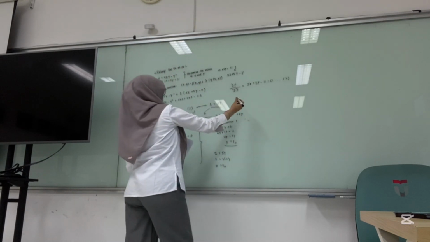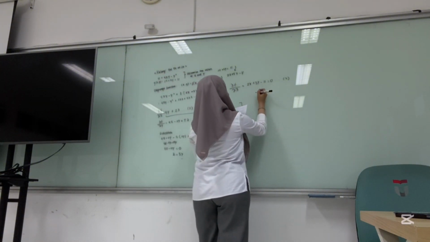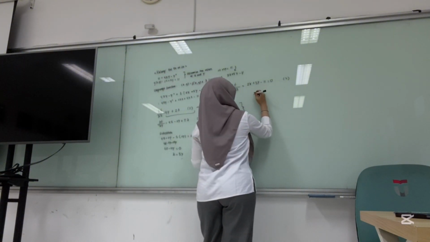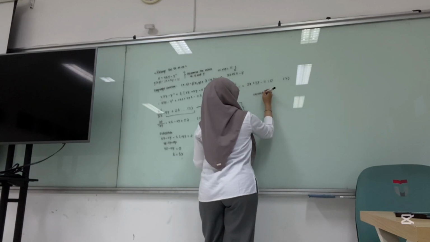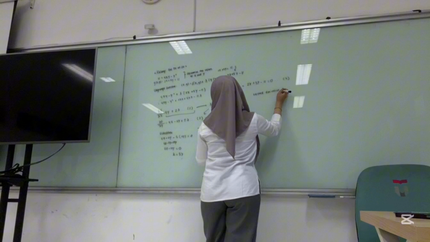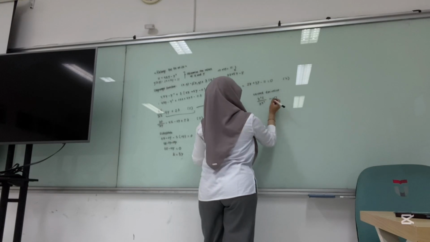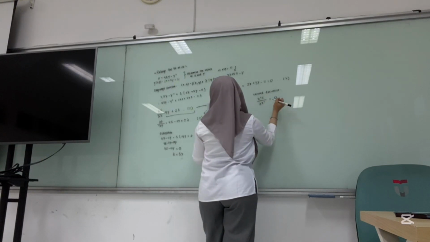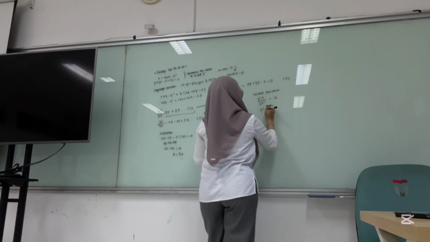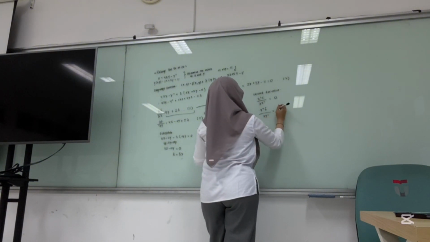The second derivative of x is 0, and the second derivative for y is minus 2.